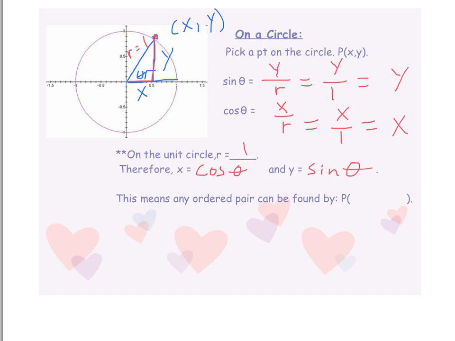Start to equate those two things on a unit circle: x with cosine and y with sine. If we wanted to find any ordered pair on the unit circle, and we knew the angle associated with that point, that would be its cosine and its sine value. Again, cosine is equated with x, sine with y.